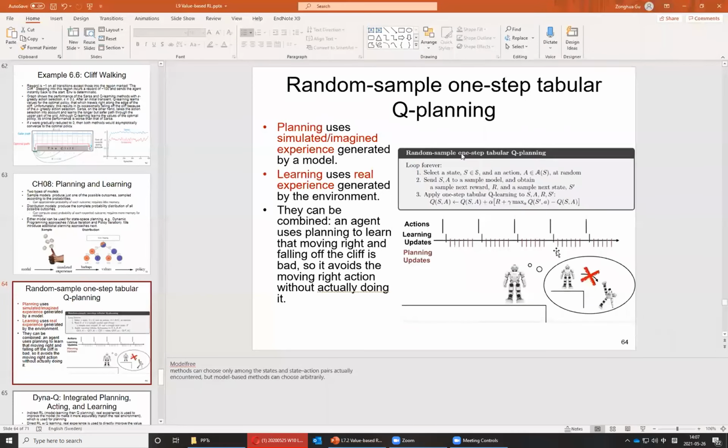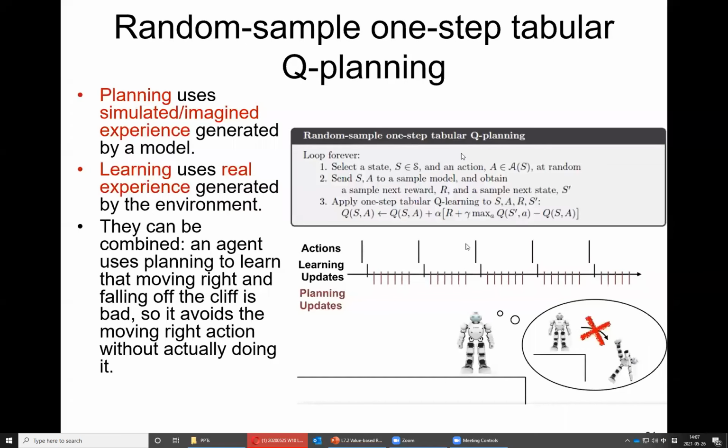For random sample, so for the Q planning, the planning uses simulated imagined experience generated by a model, and learning uses real experience generated by the environment. They can be combined.